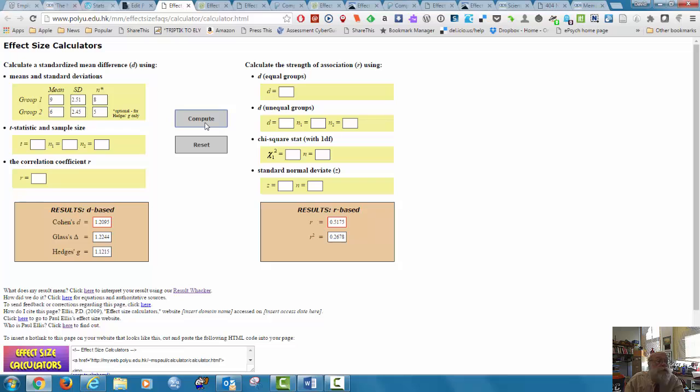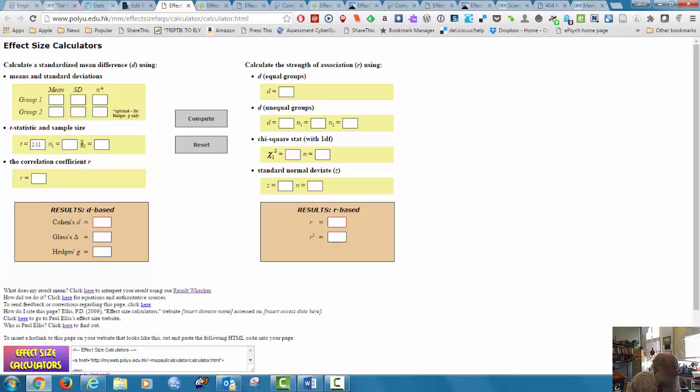For this particular data analysis, the value of Cohen's d then is going to be the 1.21, and that's also what I found when I did it by hand. And you're explaining 27% of the variability. Notice you could get the same thing if you knew the t, and when I did this t, I had a t of 2.11.